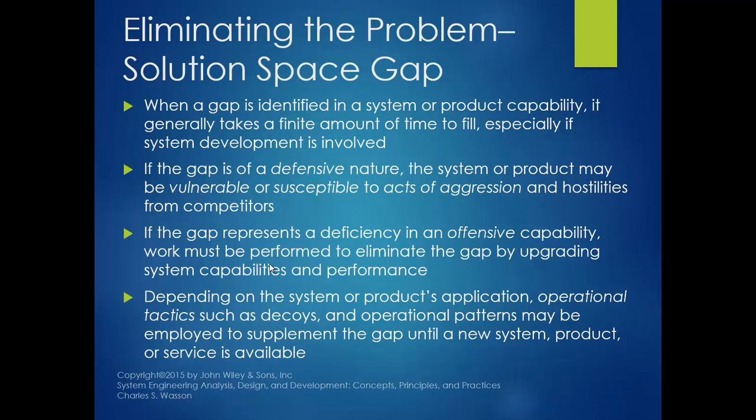If the gap represents a deficiency in an offensive capability, work must be performed to eliminate the gap by upgrading system capabilities and performance. In some cases, we need to deploy a decoy to distract aggressors until we fix the system and fill the gap.